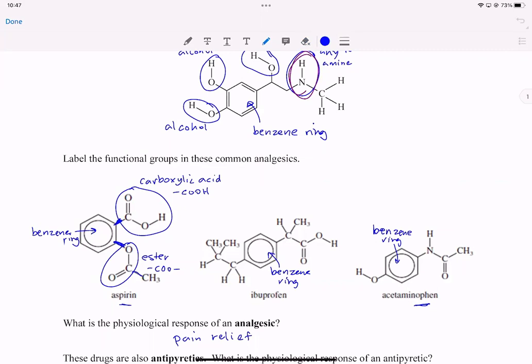So the slightly better fit is because notice that these two groups are across from each other as opposed to next to each other on the benzene ring. And so what's needed is that starting point, but you also need to have, looks like, this same functional group, which is a carboxylic acid present. So that carboxylic acid is also on the ibuprofen.